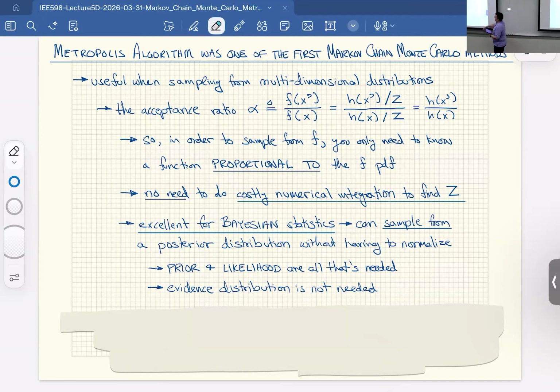And so I combine those things together, but I don't actually need to know the distribution of the data that I'm sampling anymore. So it's a way of sampling from a posterior without actually having to calculate the area underneath the posterior. And that made these methods enable Bayesian statistics.